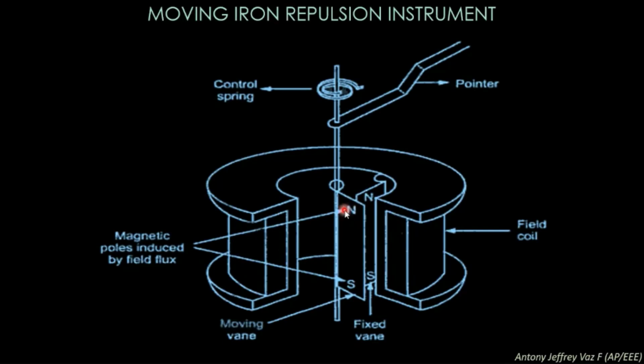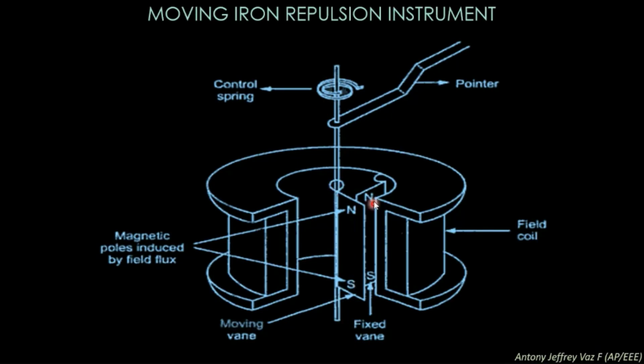On repulsion, torque is produced, and this repulsion torque helps to turn the shaft from one end to the other. You can see there are two controlling springs, one at the top and another at the bottom. Similarly, there is a bearing at the top as well as at the bottom.